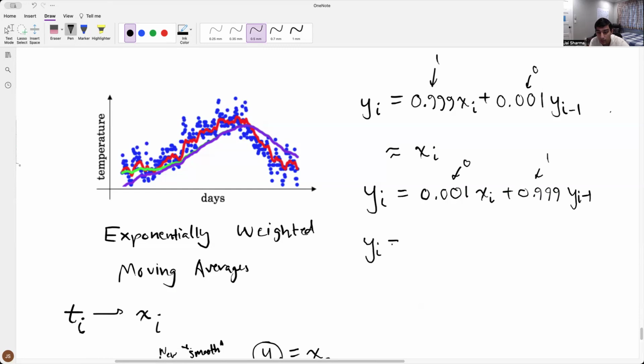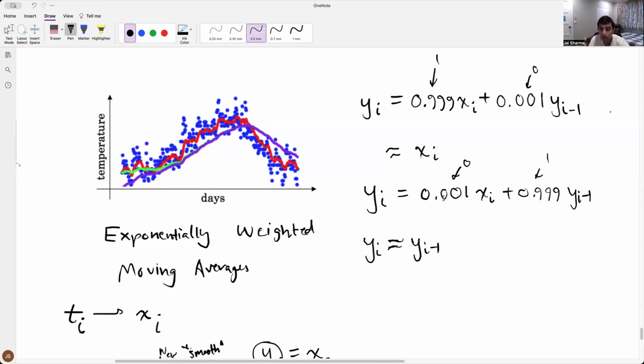And this yi would just be almost equal to yi minus 1. And so we would have almost constant. In order to get yi, you would just look at yi minus 1 and copy that over, and then copy that over for the next time step and the next time step. And so it would be so smooth that you would just not be doing anything, right?